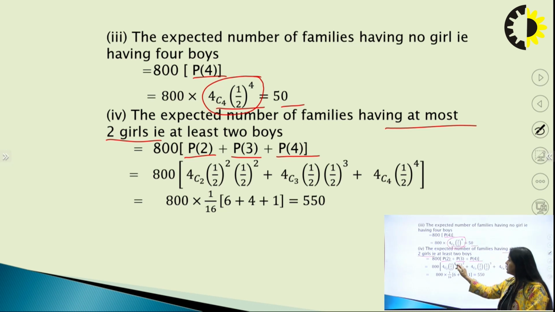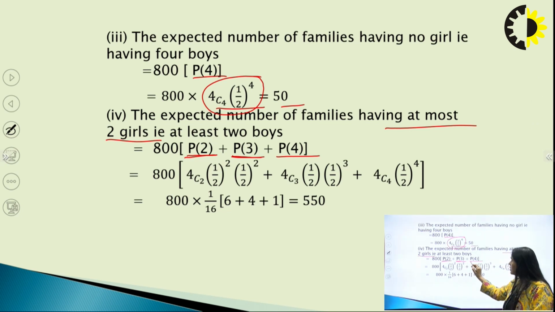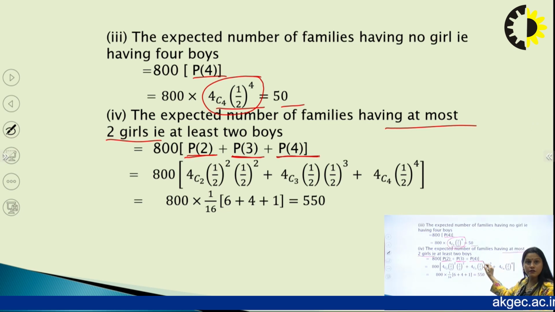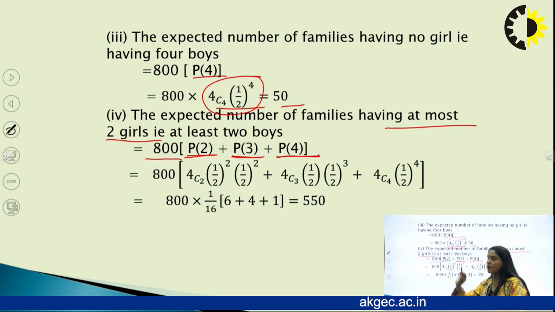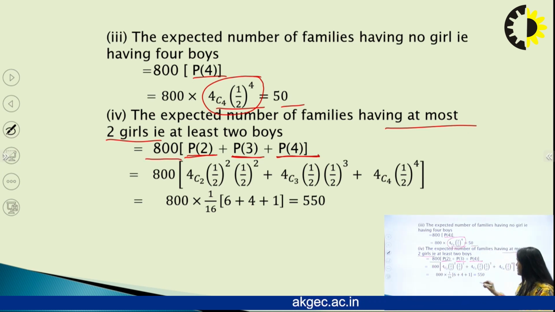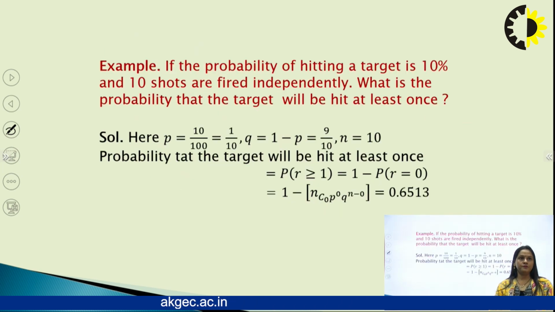So a family which has 2 boys will be considered, a family which has 3 boys will be considered, and a family which has 4 boys will be considered out of 800 families. And on calculating we will get 550. Let us take the next question.